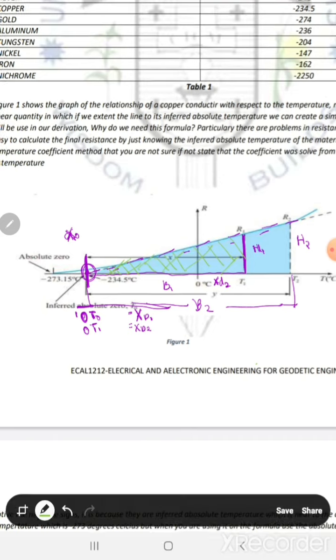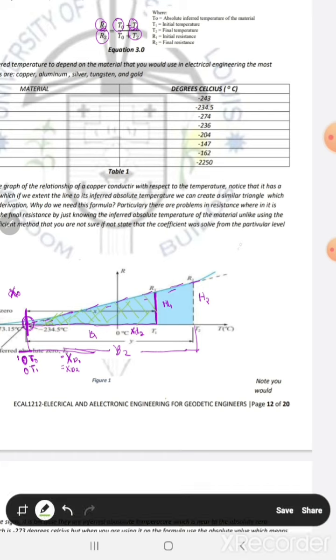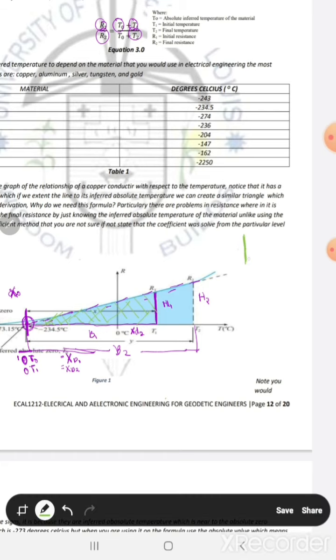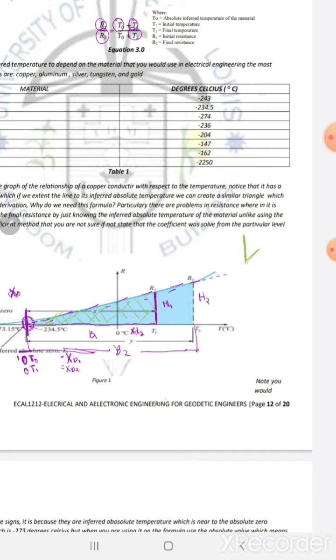What will be your length? This is the graph of the green shaded triangle, which is your smaller triangle.